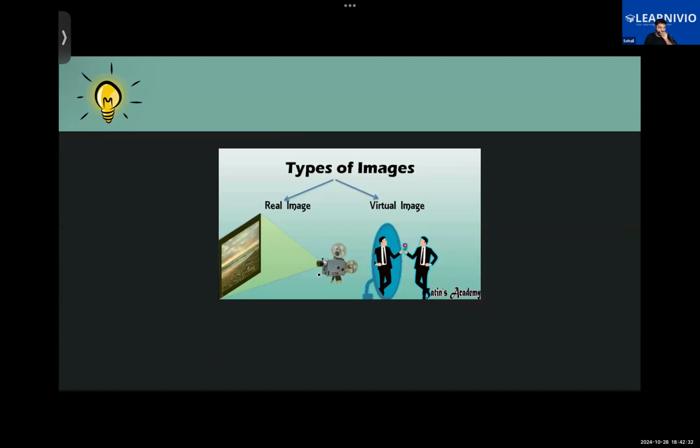See, talking about the real image, it is basically an image that can be obtained on a screen, where the rays are actually meeting together. That will be the situation in which a real image is formed. But in the case of the virtual image, the rays will appear to be meeting together.